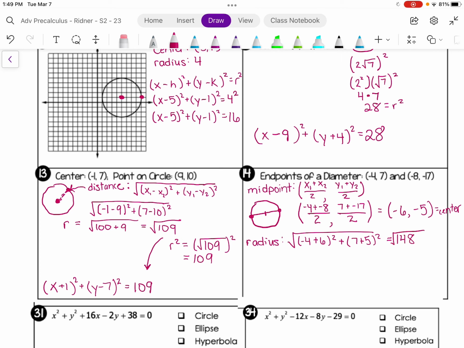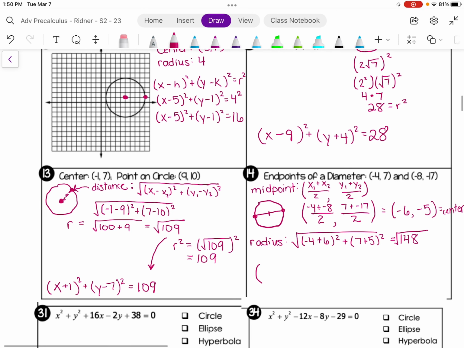Yes, that does simplify, but for the sake of finding the equation, I do not need it. Okay, because last but not least, I'm going to get (x + 6) quantity squared plus (y + 5) quantity squared equals 148.